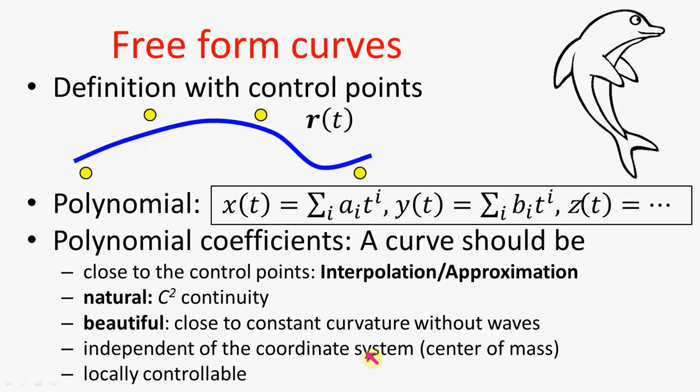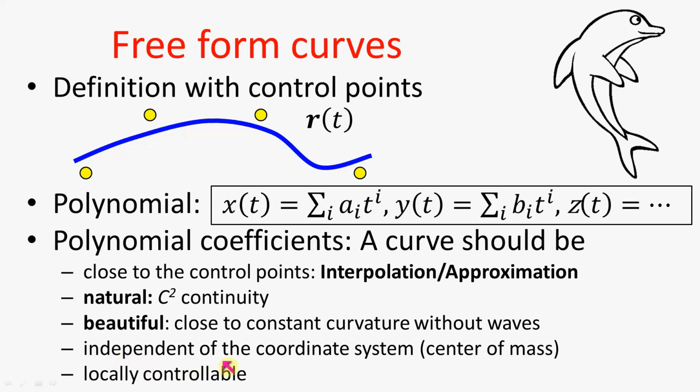A third requirement is that the curve should be independent of the selection of the coordinate system. Of course, we will use coordinate systems because we can deal with numbers only, but this is just an artificial thing which shouldn't affect the result, although it does affect how the same result is expressed with numbers.